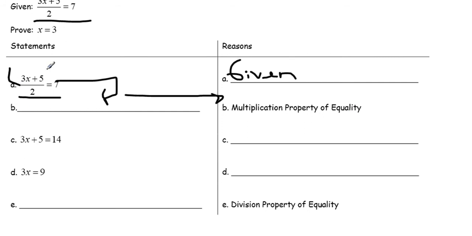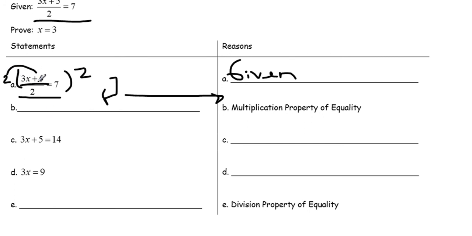So how can we apply the multiplication property using 3x plus 5 over 2? Well, if you remember, in order to undo the division of 2, because here it's just a division, 3x plus 5 divided by 2, we have to do the opposite of division, and that's multiplication. So we want to multiply both sides of this equation by 2.